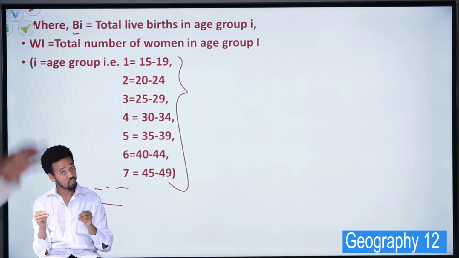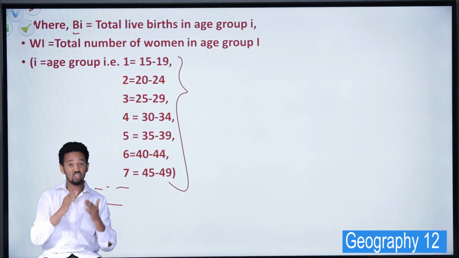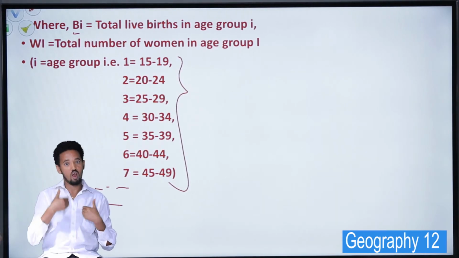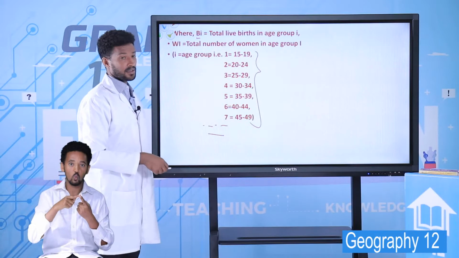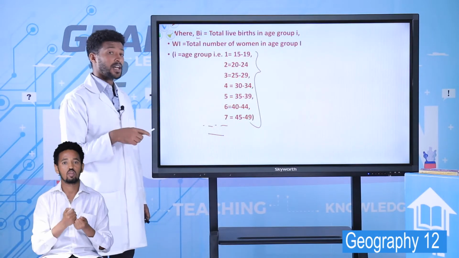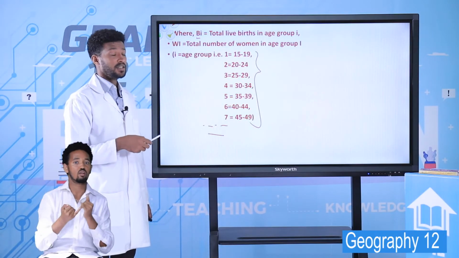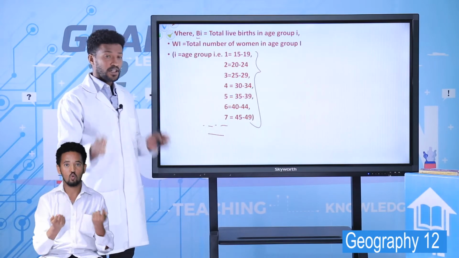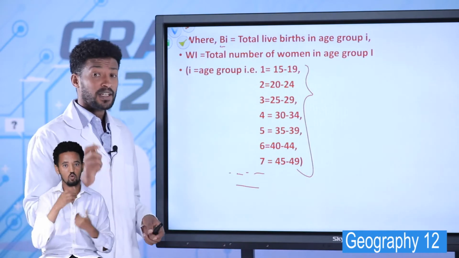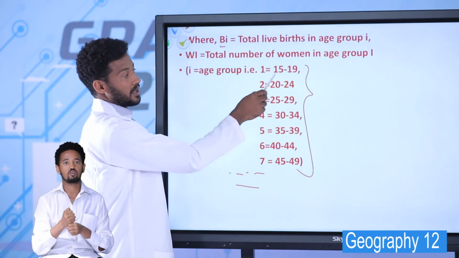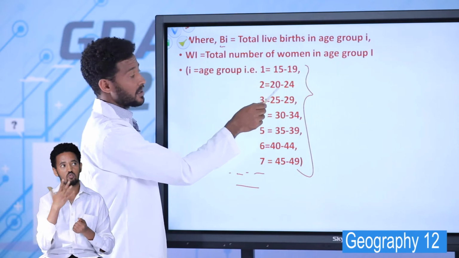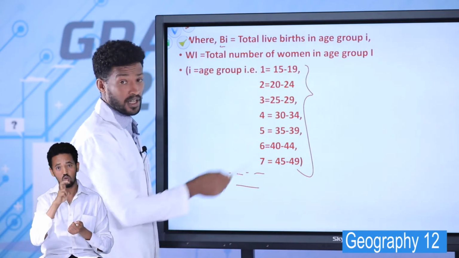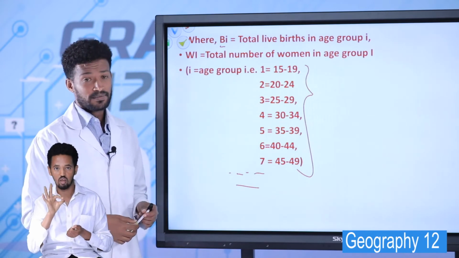Students, to calculate the total fertility rate of one country, first you have to divide the population into age groups. As we have discussed in your last session, age groups can be classified into two, and you have to use the specific age categories, like 15 to 19, 20 to 24, 25 to 29, and so on.